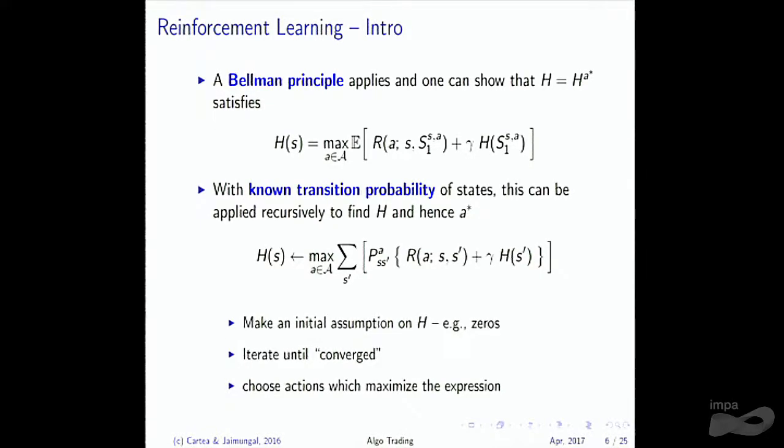You assume an h function. You compute this sum over all possible states, get a new h function, put it back in, keep iterating back and forth, back and forth. You can show this eventually converges. And then the action that maximizes this term, the argmax, that is the optimal action to take at that point in space. This, of course, has a flaw. You need to know this transition matrix. We don't want to assume it. We don't want to assume we know what the transition matrix is.